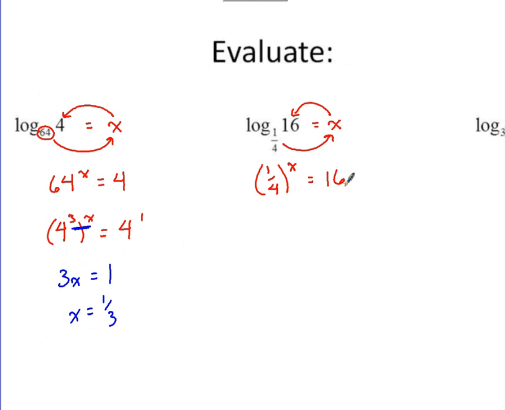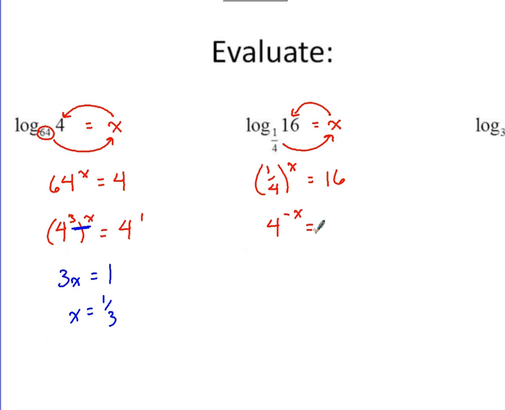We're trying to create some common bases here. Looks like some 4s might be in play. Not really liking the fraction here, but I do understand that if I want to use a reciprocal, I could. The reciprocal of 1/4 is 4, but I can only use that reciprocal if I make this x here negative, right? Got to incorporate some negative exponents to use those reciprocals.